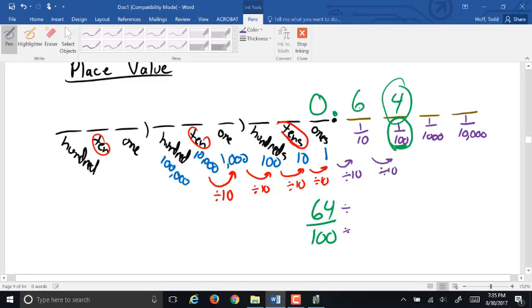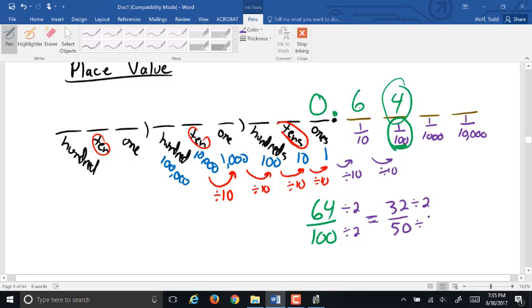Now, of course, we wouldn't leave it as 64 over 100 because both of them can be reduced by what? 2 would work. What's 64 divided by 2? 32. What's 100 divided by 2? 50. Are we done? No.